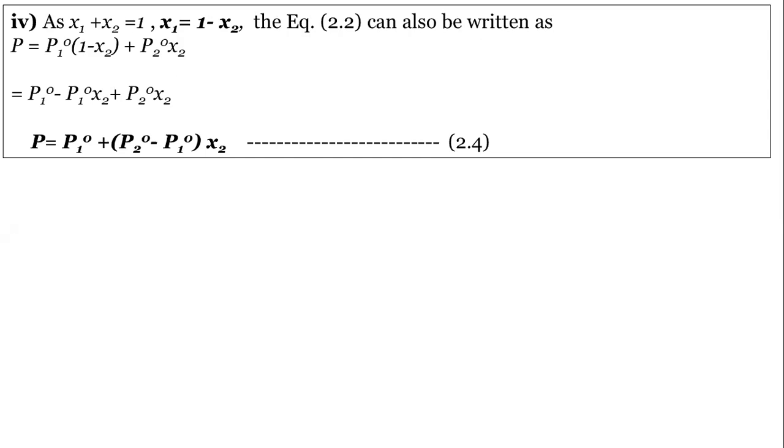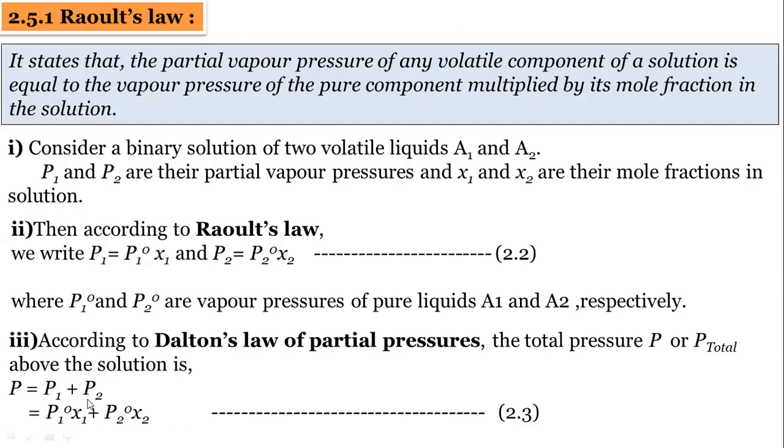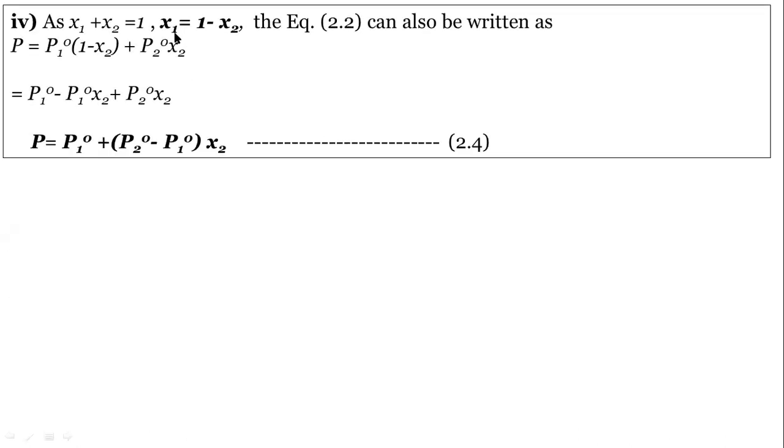Remember, X1 plus X2 is always 1. So if X1 plus X2 is equal to 1, X1 is equal to 1 minus X2. This value we have to put in this equation. So we are going to put X1 equal to 1 minus X2, and again, P is equal to P01.